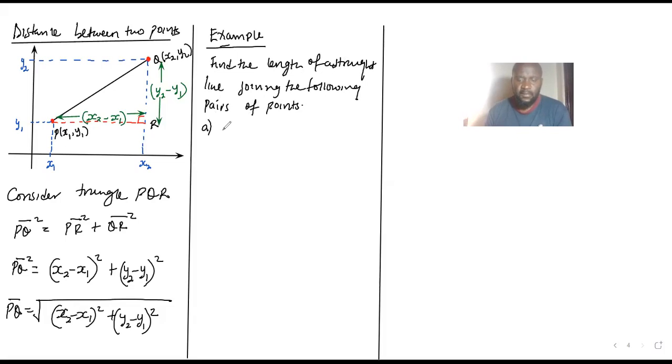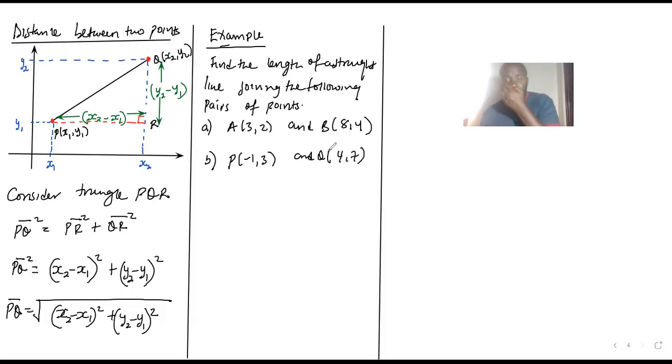A: (3, 2) and B: (8, 4). B: P (negative 1, 3) and Q (4, 7). The first one is for the teacher, the second one is for the learners.